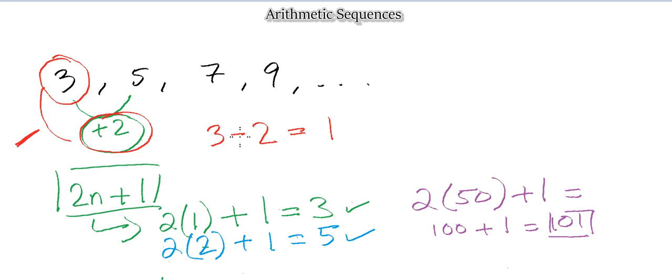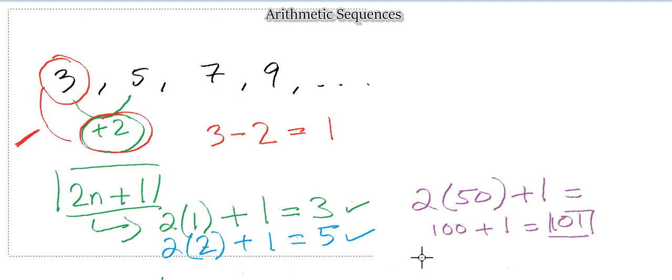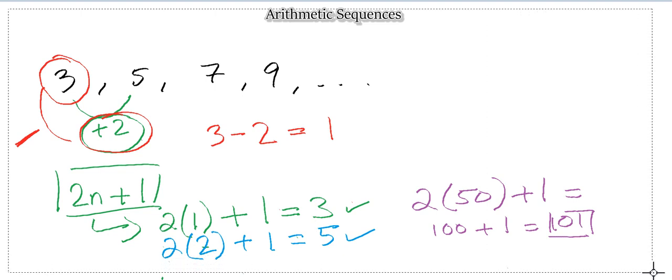Now let's try a sequence in which my numbers are decreasing, just to familiarize ourselves with what exactly is happening. So let's make a sequence, let's say 10, 3, minus 4, minus 11, and so on.